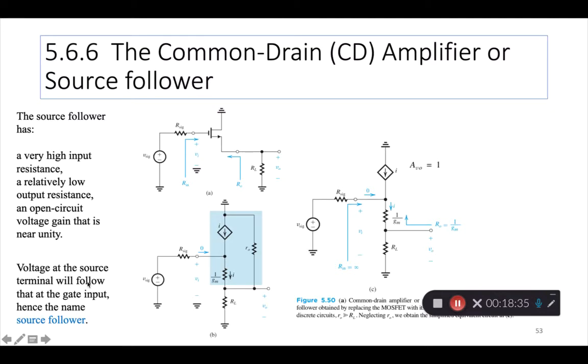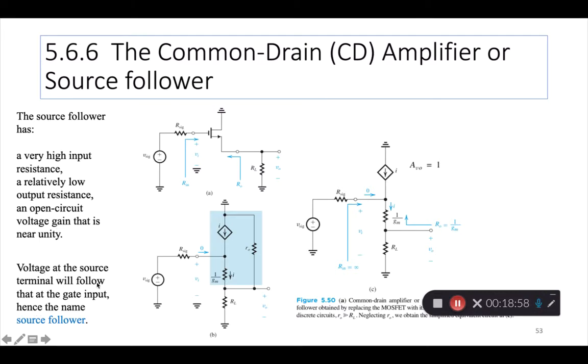So because the gain is unity, there is no change in the output voltage compared to the input voltage in open circuit conditions. Okay, and so the open circuit voltage gain is near unity.